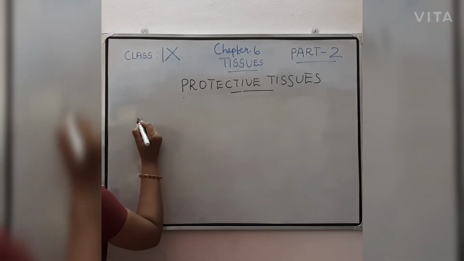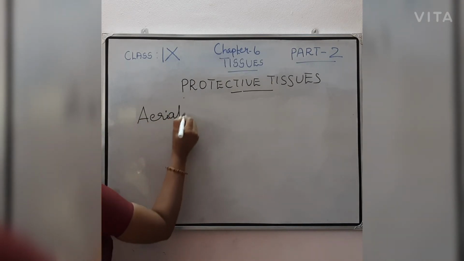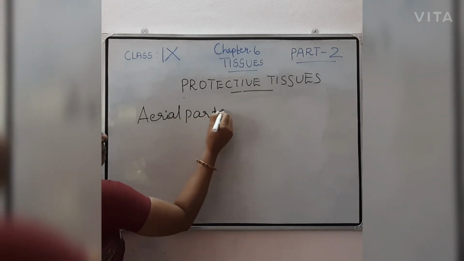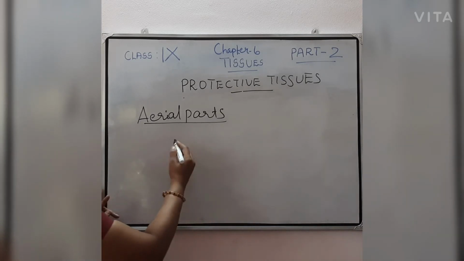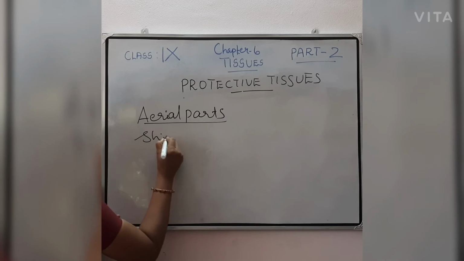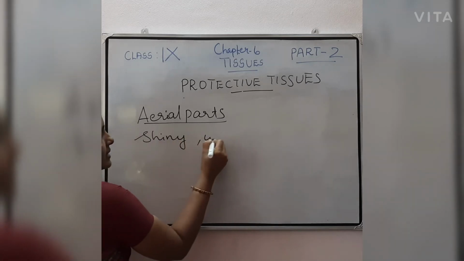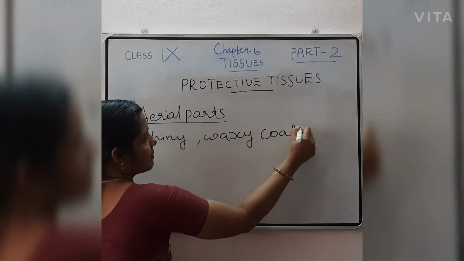Next is how this epidermis protects the aerial parts of the plant. Aerial parts of the plant means those parts which are present above the soil, that is stem, then leaves, etc. So this epidermis which is present on these aerial parts of the plant, we can see as a shiny waxy coating on the surface of the aerial parts.